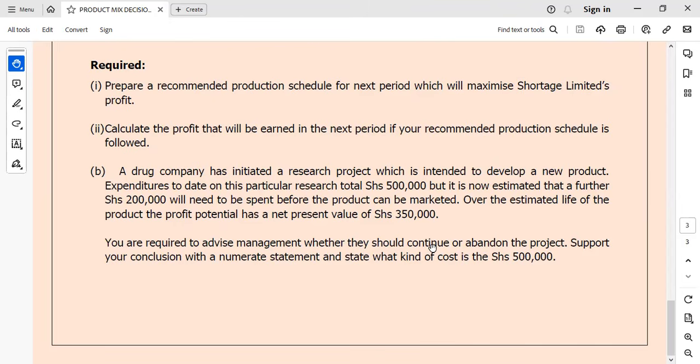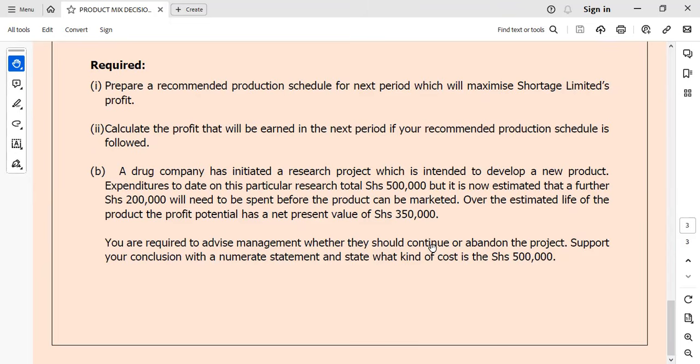Now, when we look at part B, they are trying to test your understanding of the concept of relevant cost. Remember, when we are making decisions, we need to consider only the relevant costs and the relevant revenues that affect the decision.